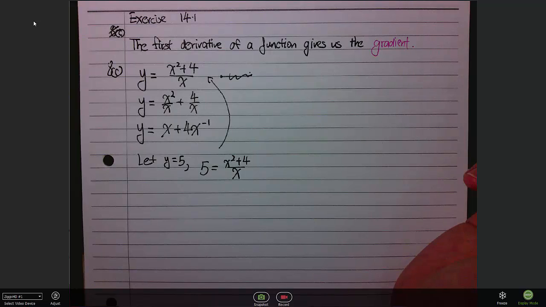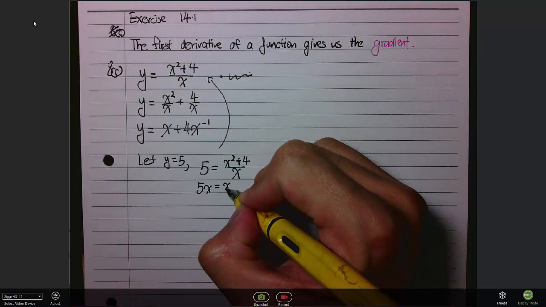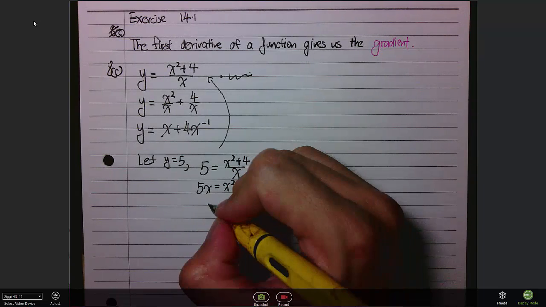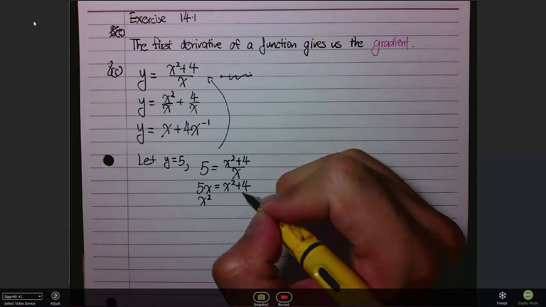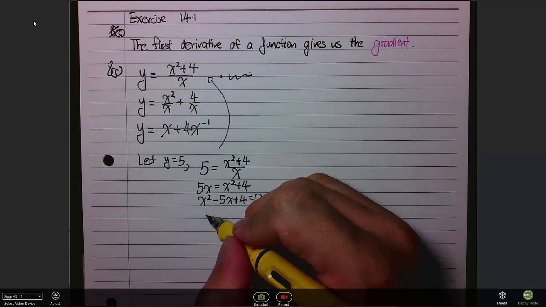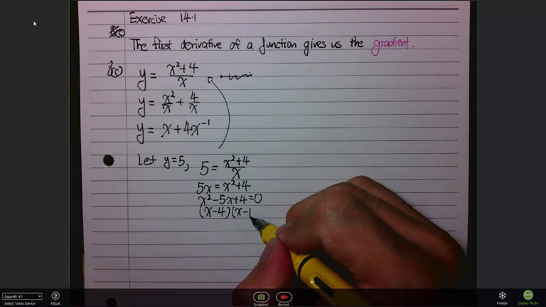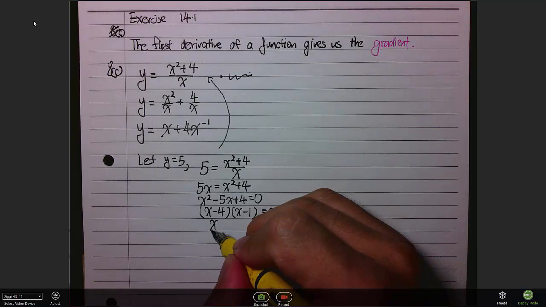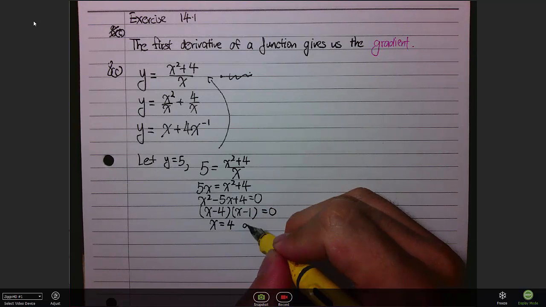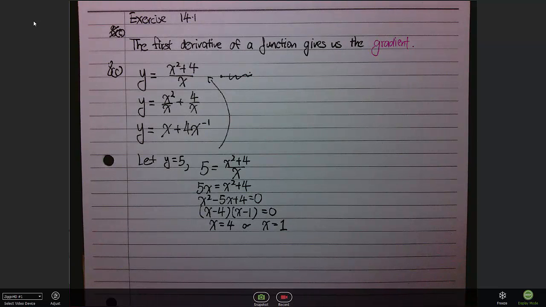We are doing this because we want to find the x value. You'll see why I need the x value later. So I get 5x equals x squared plus 4, so x squared minus 5x plus 4 equals 0. Now I get (x minus 4)(x minus 1) equals 0, so x equals 4 or x equals 1.